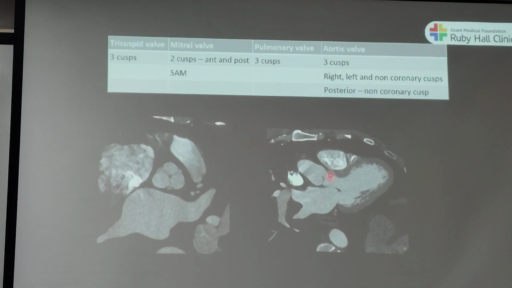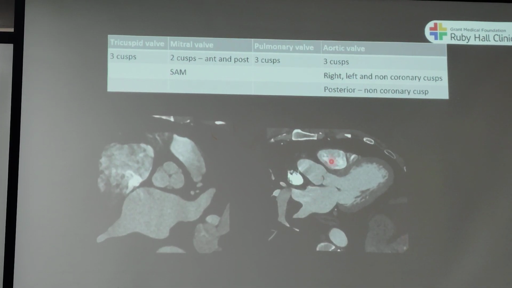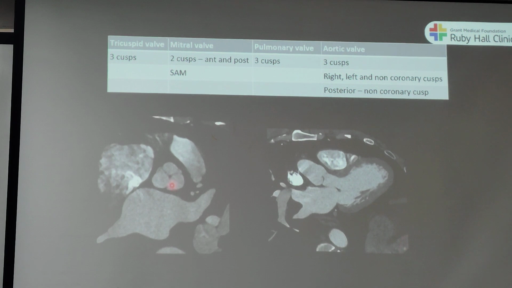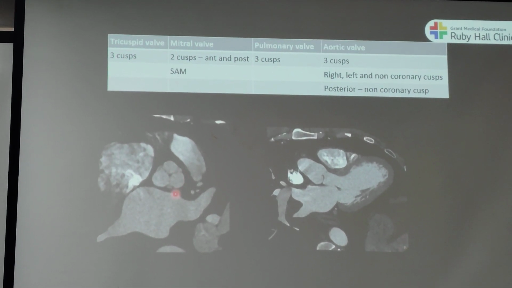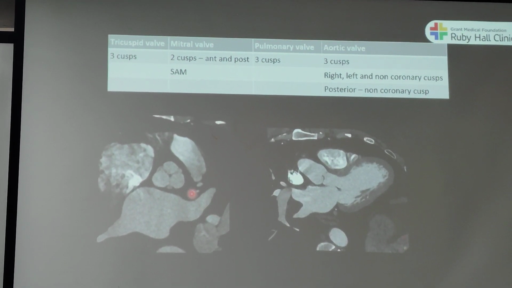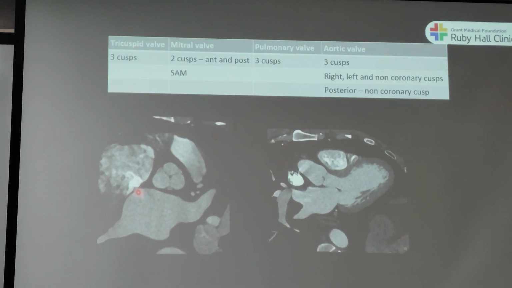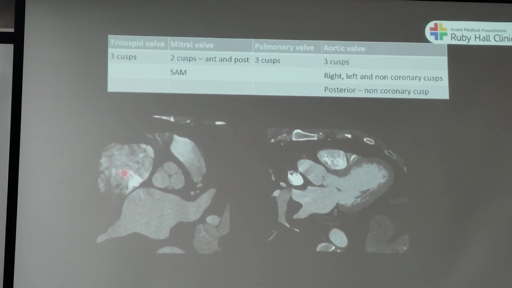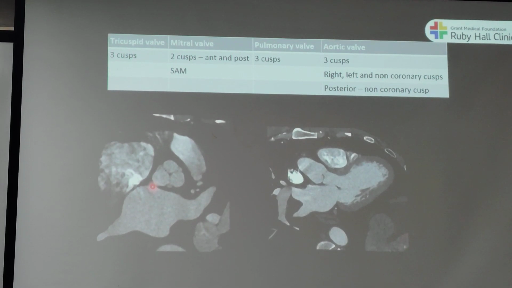Okay, so if you cut across this aortic valve over here, you are seeing this like a Mercedes sign. Can you see that? These are the three cusps of the aortic valve. That also you can see in much more detail. The posterior most cusp, which is adjacent to the atria, the left atrium and the right atrium, so the cusp adjacent to the interatrial septum, will be the non-coronary cusp.